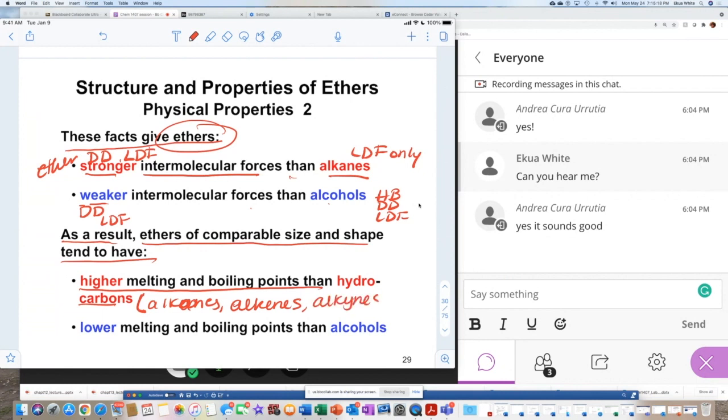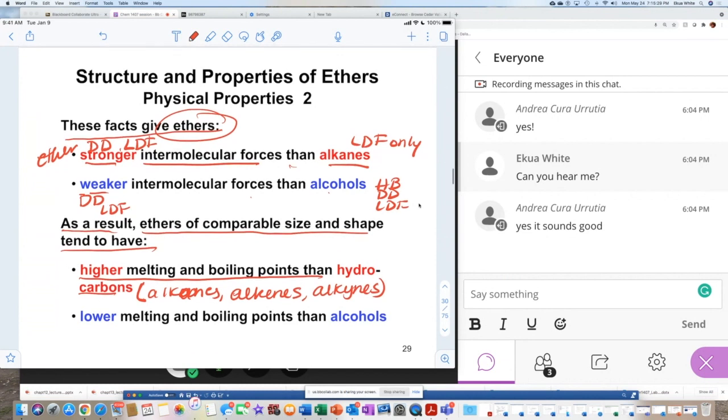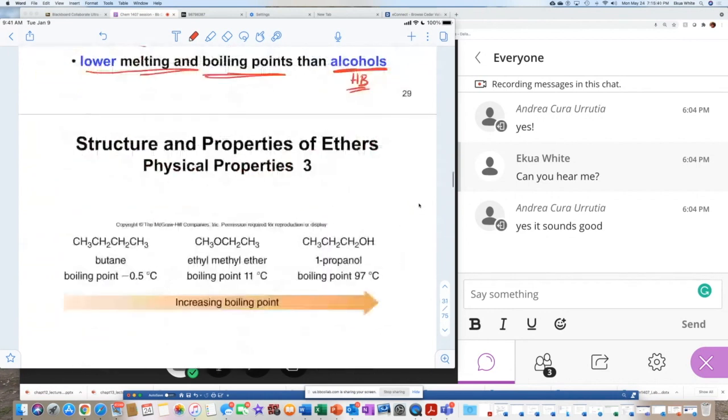So you've got your single bond, your double bond, your triple bond. Ether surpasses that. It boils at a higher temperature because it has more intermolecular forces. But ether is humbled compared to alcohols. Alcohols having the hydrogen bond will surpass ether, and therefore ether will have a lower melting point and boiling point compared to alcohols. Okay?